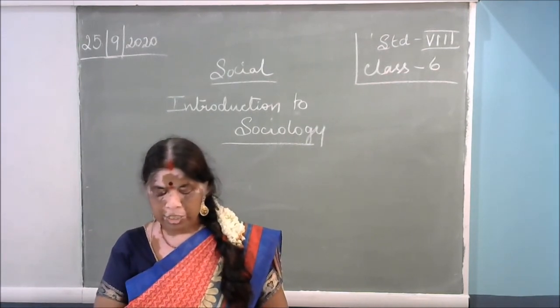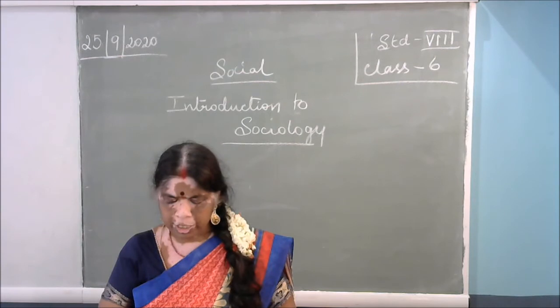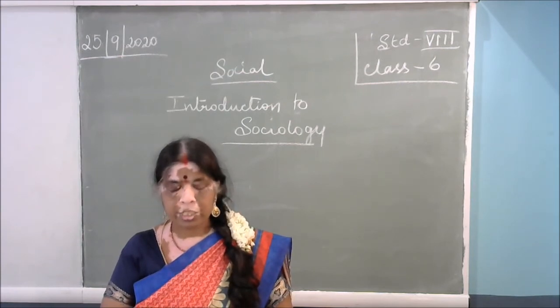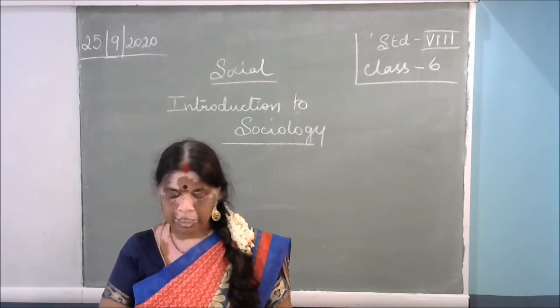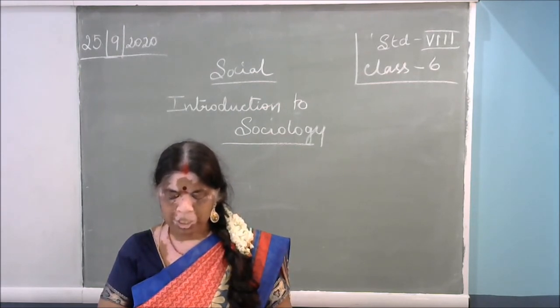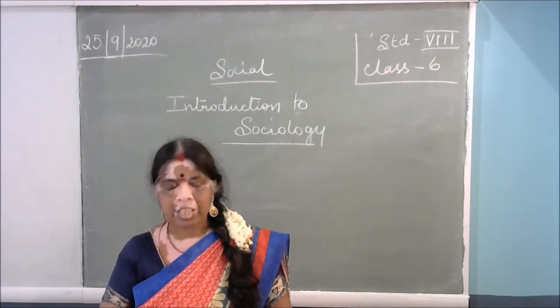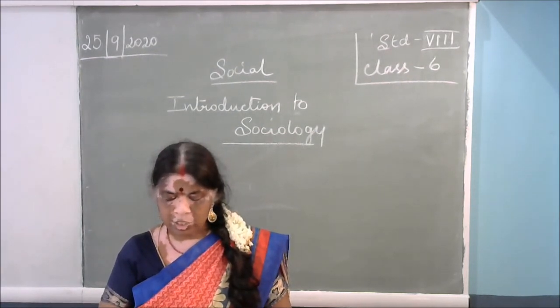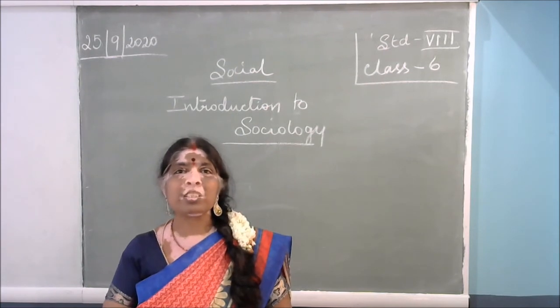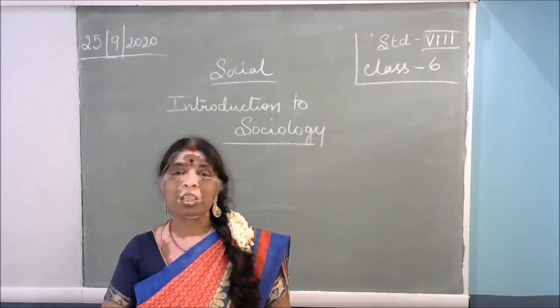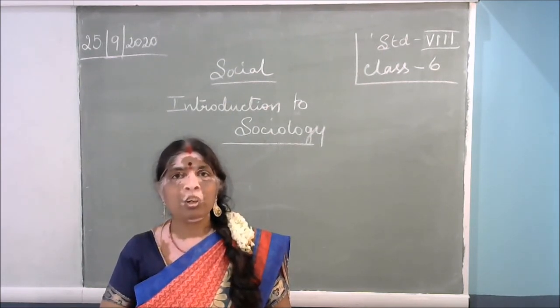Next, sociology is a definite study but not a directive study. Sociology studies human society as it is. It never says how it should be studied, and it does not engage in value judgment. It never judges the value of a human being.